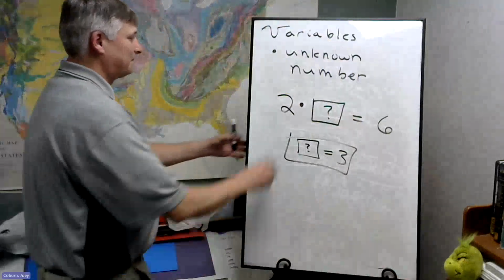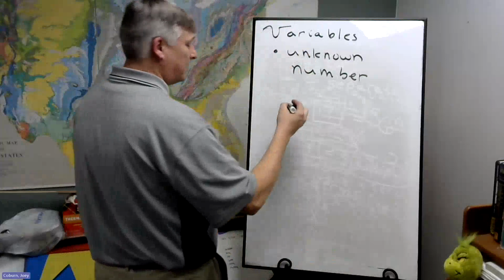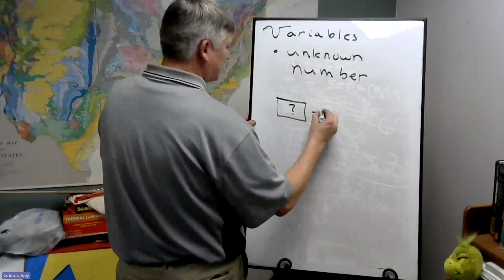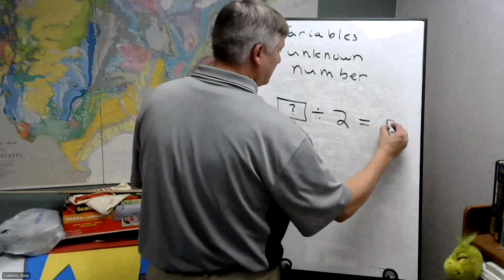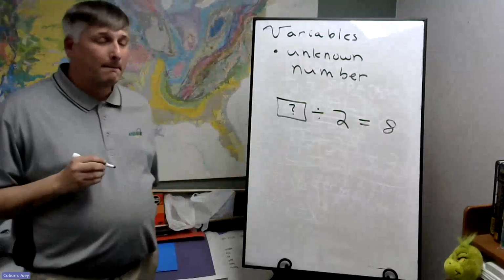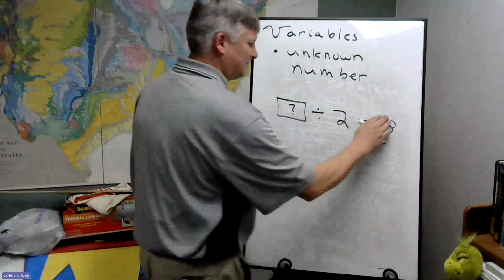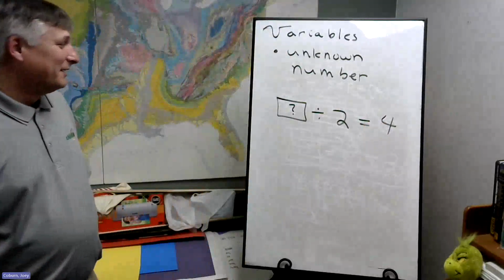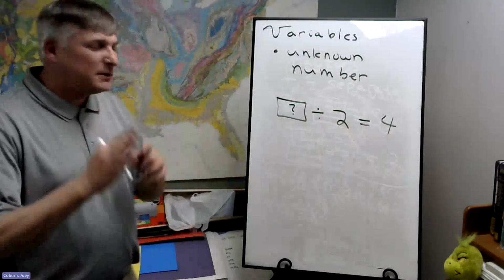Let's try another one. Suppose we have the following. Some number divided by 2 gives you 4. What number is that? Oh, that's not 4. That's 8. I'm kind of giving it away. So what number, if you cut it in half, you get 4. And let me rewrite this.